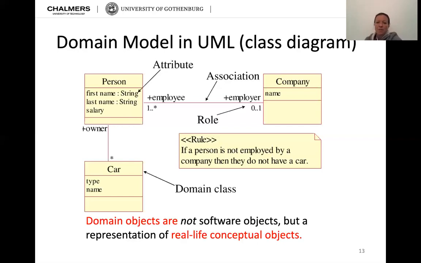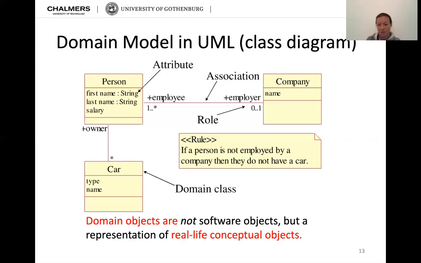The person is employed by the company. The company is the employer of the person. You get what I'm saying in that, make sure that the right role name is at the right end of the relationship, because sometimes it gets kind of confusing in our head as we read it out loud.